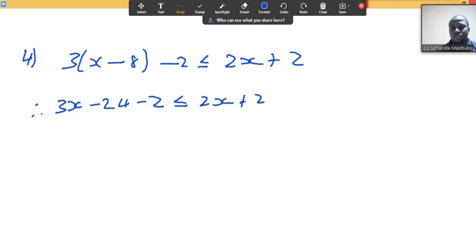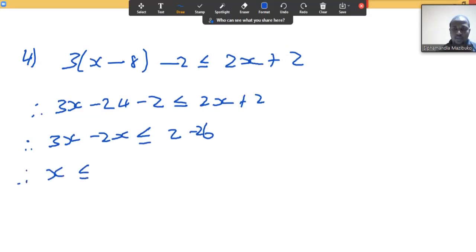So therefore we have 3x minus 2x less than or equal to 2 plus 26.